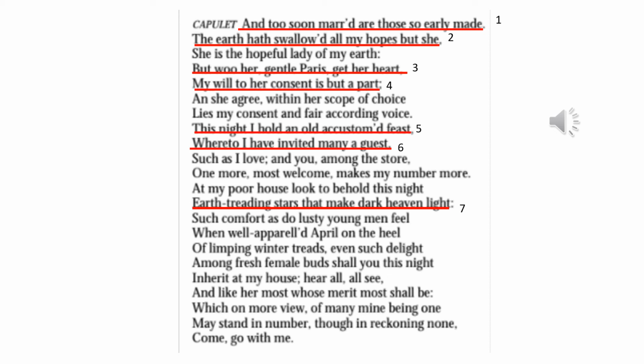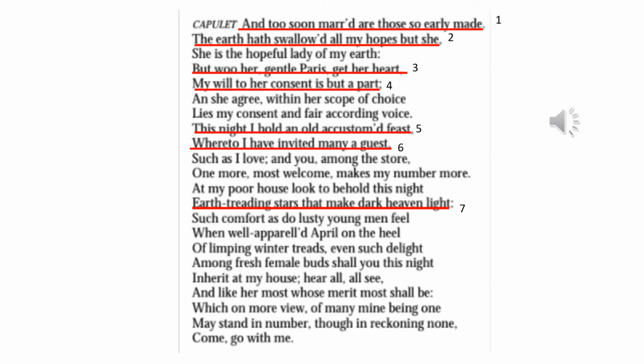However, the last time we read about stars was in the prologue. And so what this actually does is it links back to the idea that Romeo and Juliet are going to end up as stars at the end of the play because they are going to die.